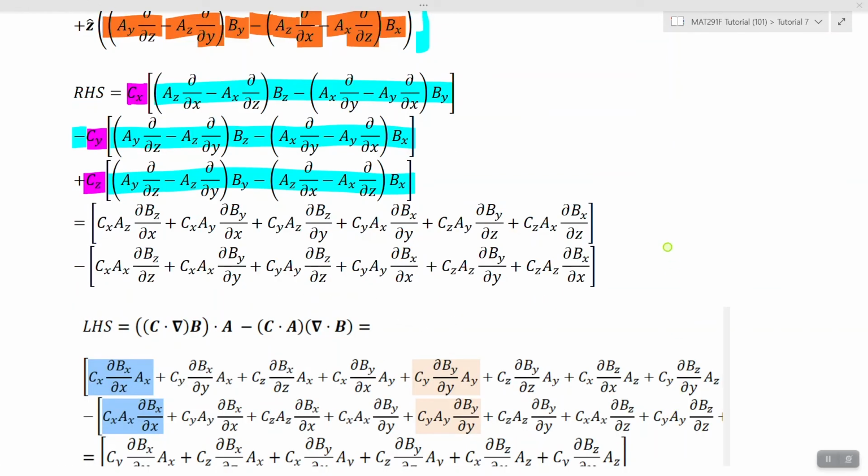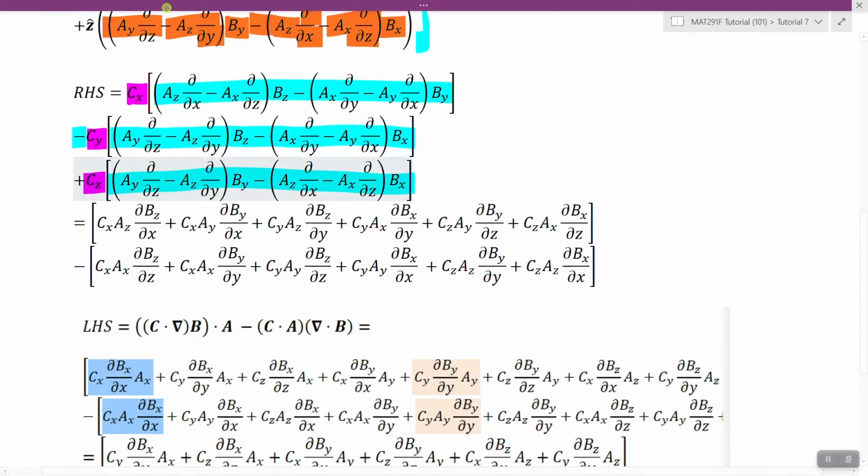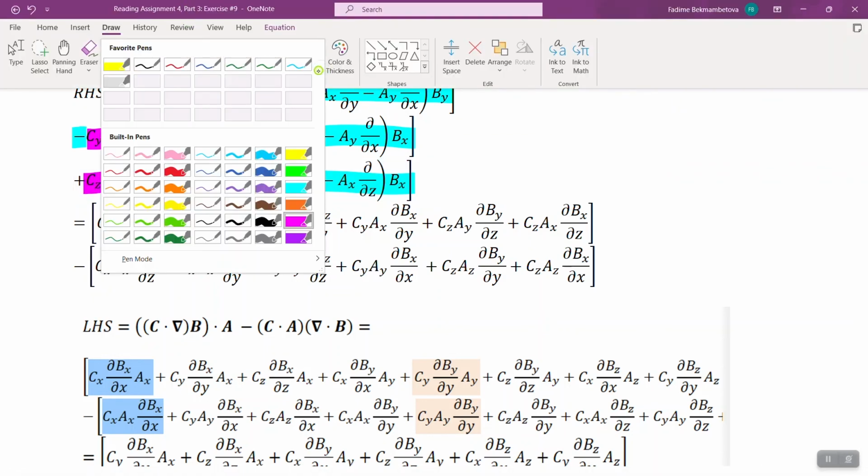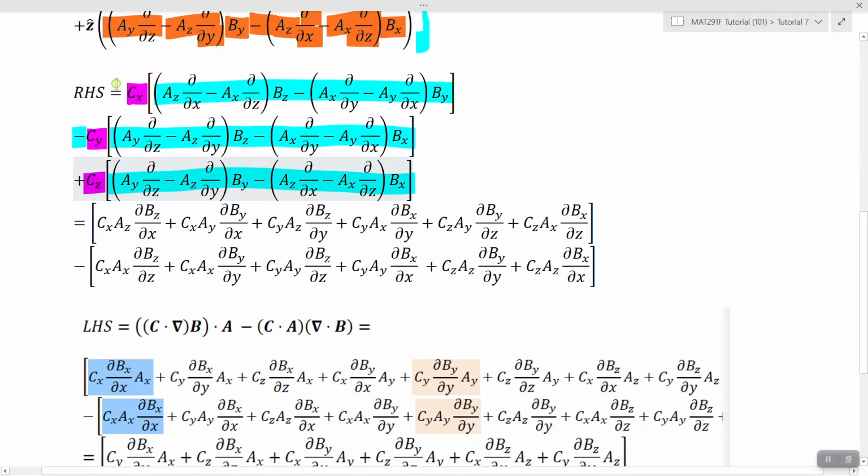And then you just expand. There isn't much happening here. Let me just go over it so you can try it on your own. So you see, I grouped everything with a plus in one bracket and everything with a minus in the other bracket. Let me show you. So cx, az, partial x, bz is right here.